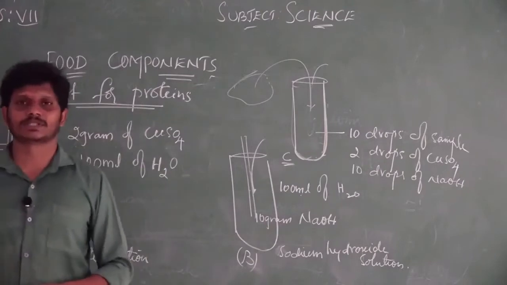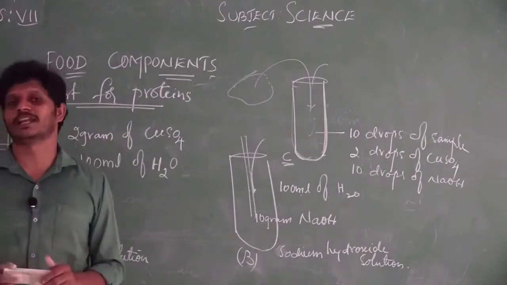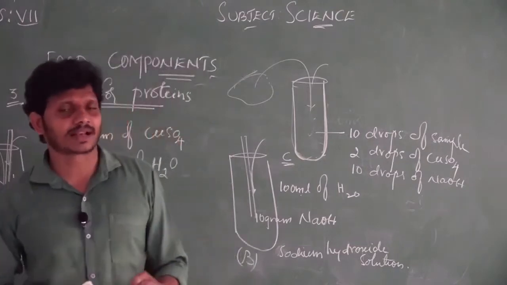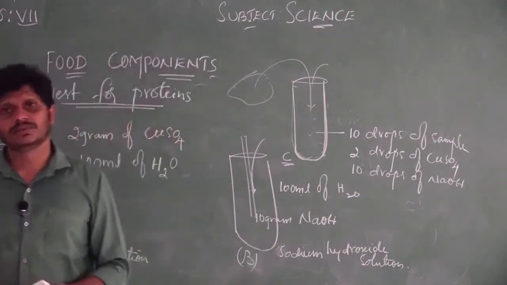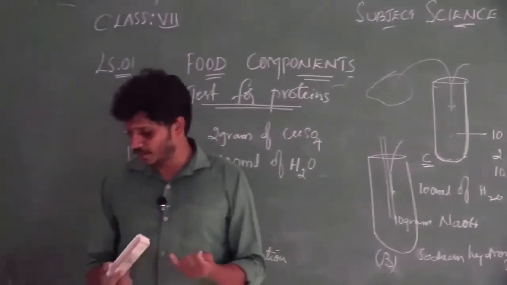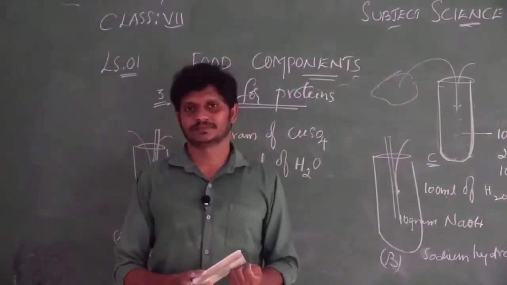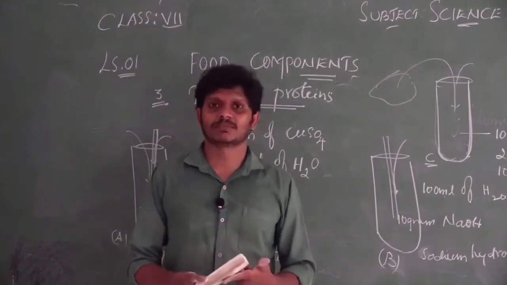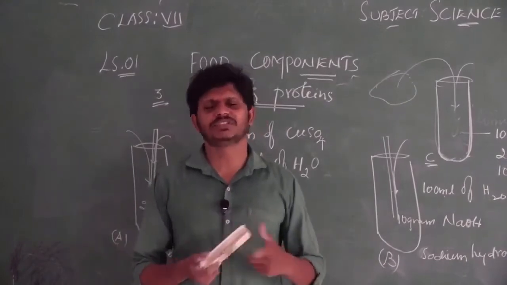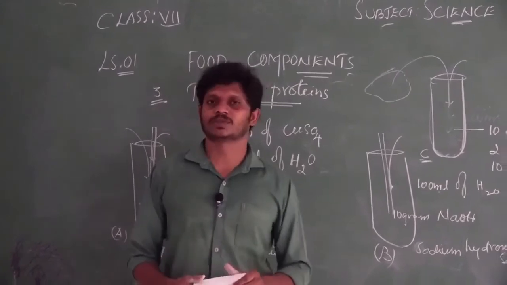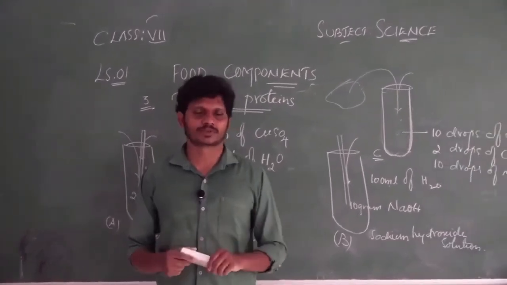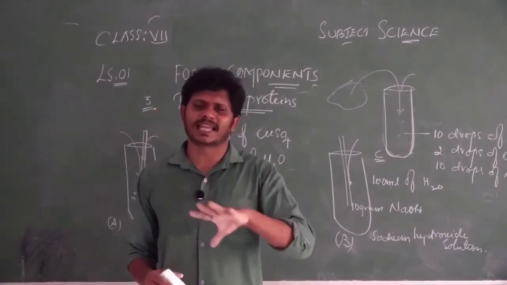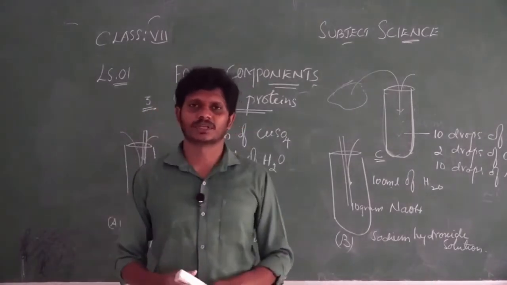Testing of food items. As we discussed, there are different types of food items present, like rice, chapati, dal, biryani, potato, milk, eggs, fruits, vegetables. We have a variety of food items, so we cannot say all these food items contain the same type of nutrients.